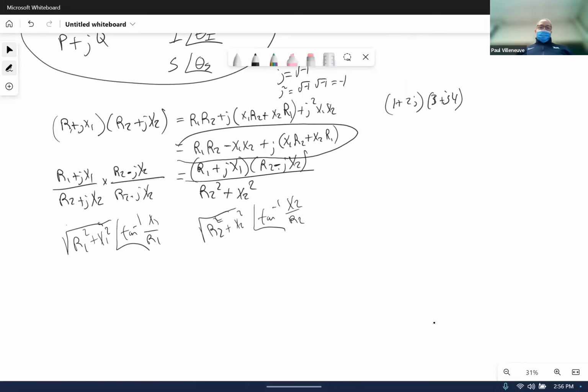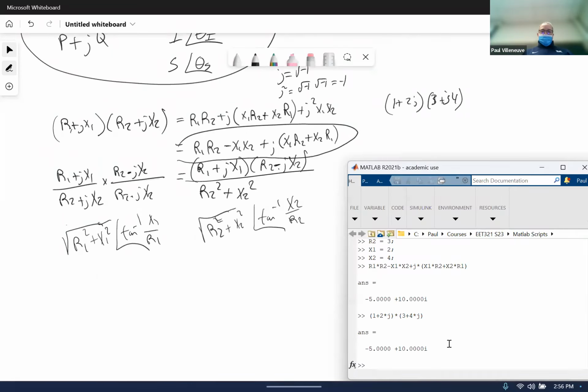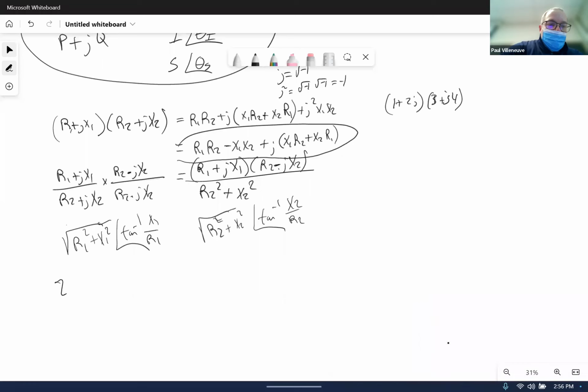So let's go ahead and do the display stuff here. Let's go back to MATLAB. Now I'm going to do the square root of R1 squared plus X1 squared, square rooted. That's 2.24. And I'm going to do the inverse tangent of X1 over R1, and I'm going to convert this to degrees. So this right here is 2.24 at an angle of 63.43.